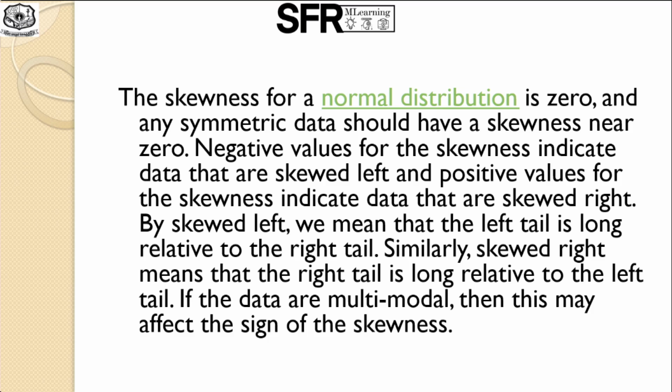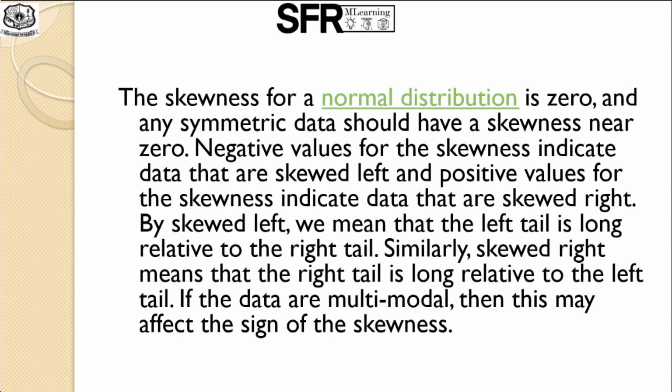Already we know that right-tailed is known as positive skewness, and left-tailed is known as negative skewness. In the same way, skewed left means the left tail is long relative to the right tail, and skewed right means the right tail is long relative to the left tail.